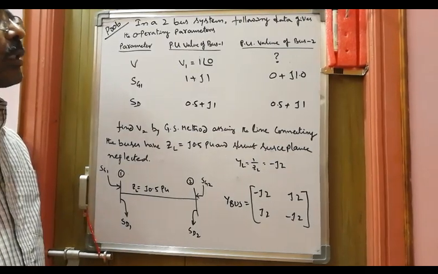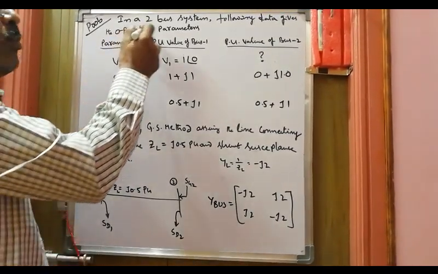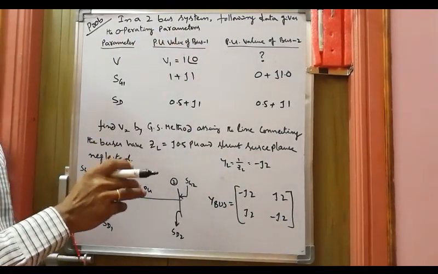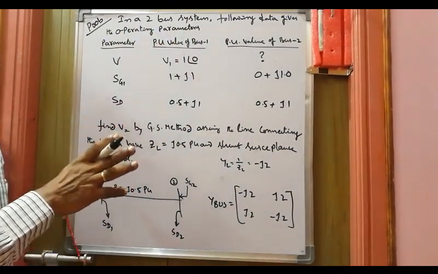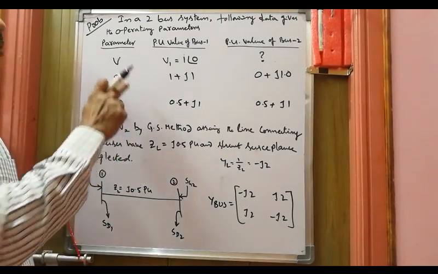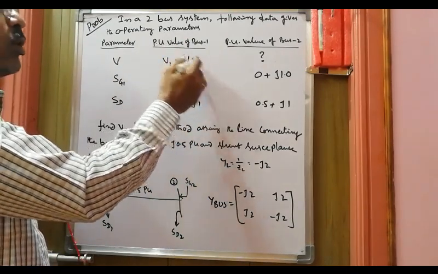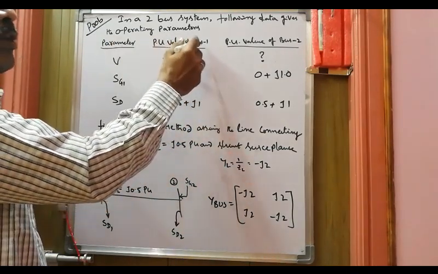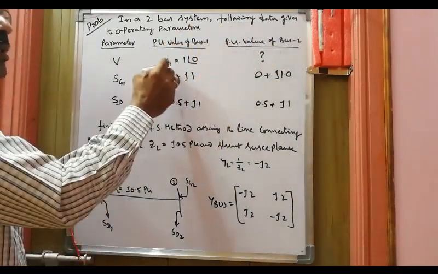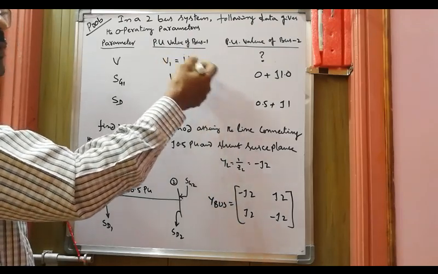So let us take up another small example. In a two-bus system, the following data gives the operating parameters. It's a very small problem with only two buses. Voltage V1 at bus 1 is 1 angle 0 given, which means it is a slack bus.